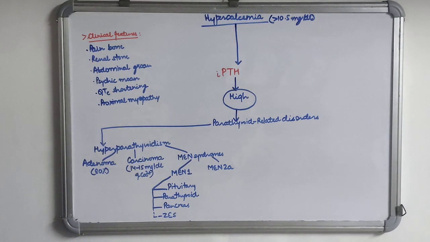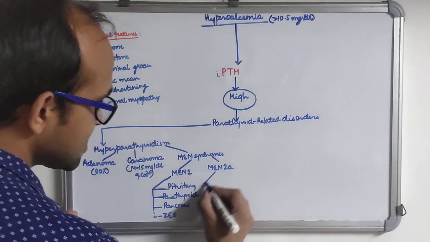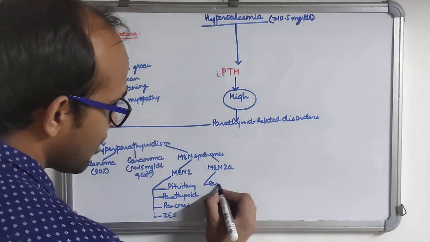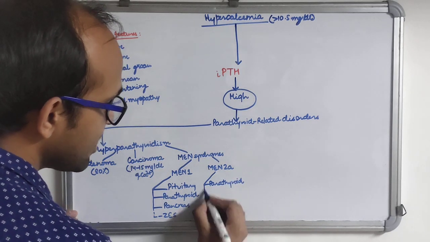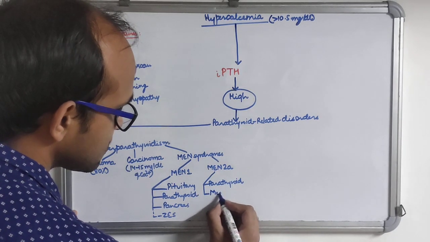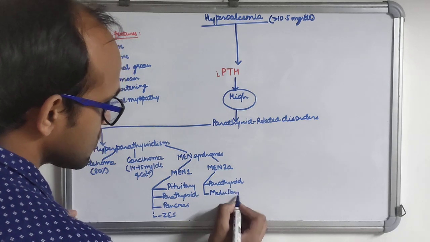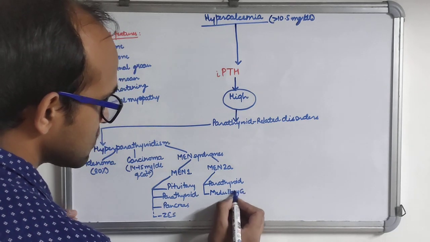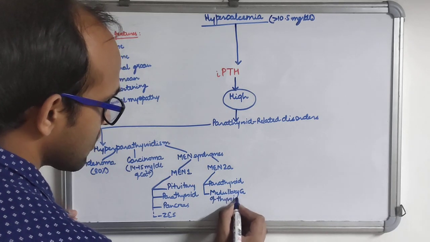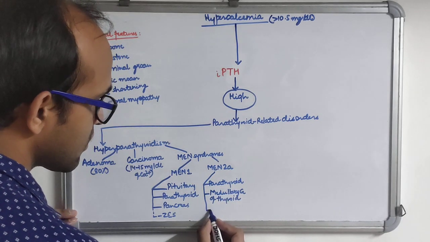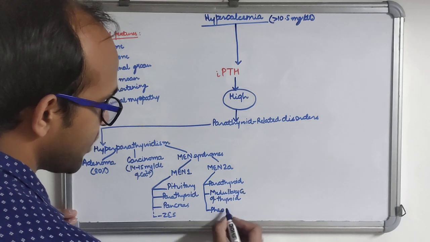MEN 2A, which is known as Sipple syndrome, consists of parathyroid adenoma, medullary carcinoma of thyroid, and pheochromocytoma.